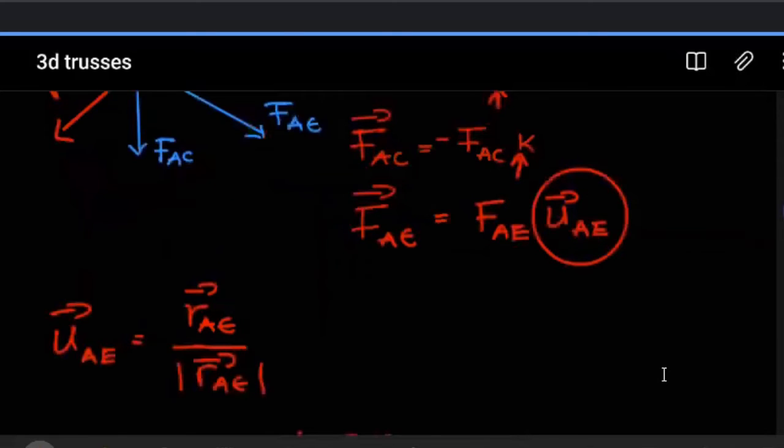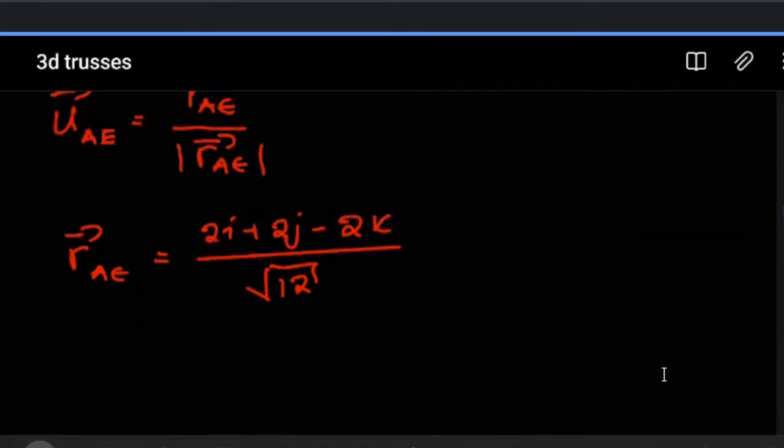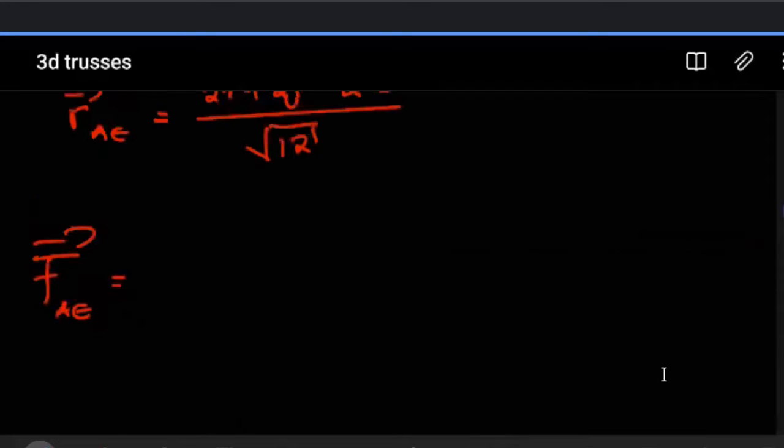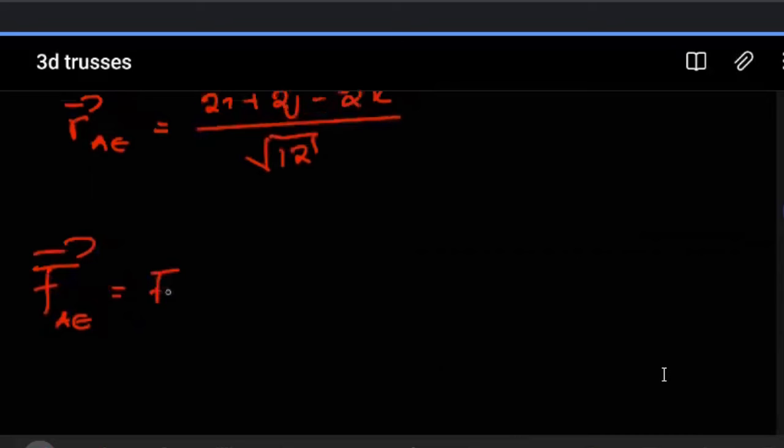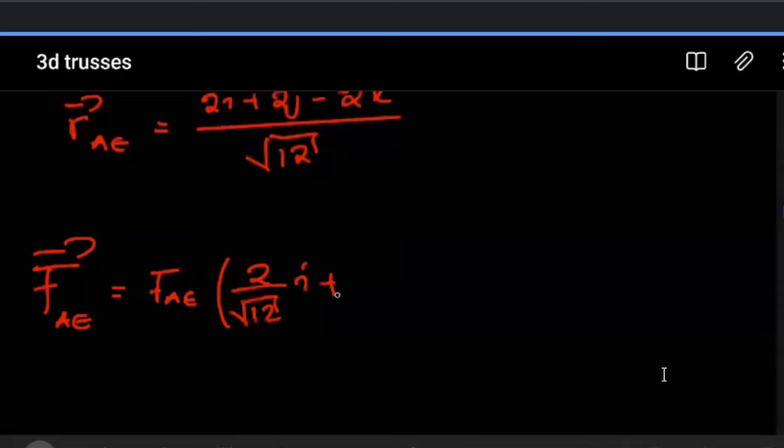So we see that our force FAE becomes equal to the magnitude of the force multiplying the unit vector. Let's just keep it: 2 over root 12 i plus 2 over root 12 j minus 2 over root 12 k.